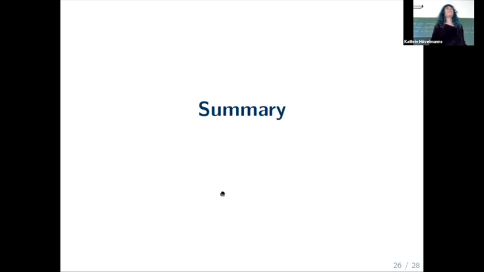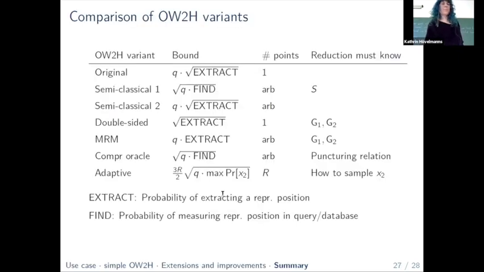Okay, now that we've seen several versions of one-way-to-hiding, I will just give a brief summary in comparison. So this is what we have seen. We have seen many different bounds, and usually the better the bound, the more additional requirements we have.